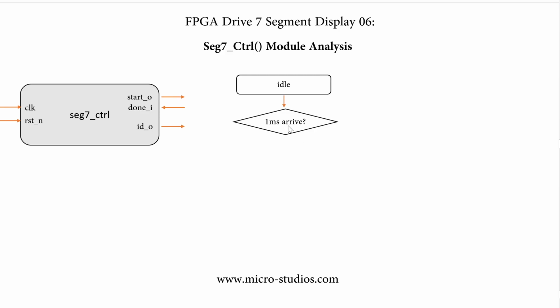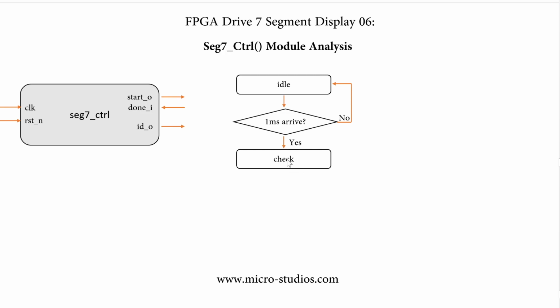We need this 1 millisecond to re-switch the ID signal. We need it fast enough. If this time has not arrived, we will go back to idle state. If it has arrived, we will go to check state.